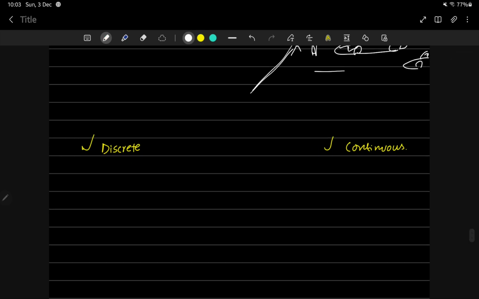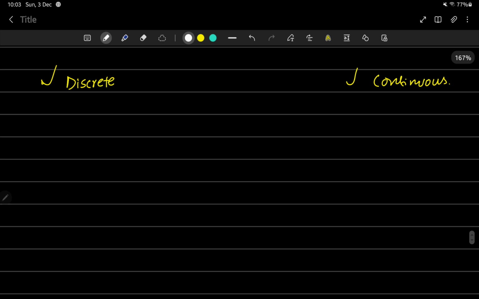So, let's look at the formal definition of discrete environments: in a discrete environment, there is a limited number of distinct, very clearly defined percepts, states, or actions. The variables take on distinct values without continuous variation. Okay, that was quite complex, right? But I'll explain it with an example now.